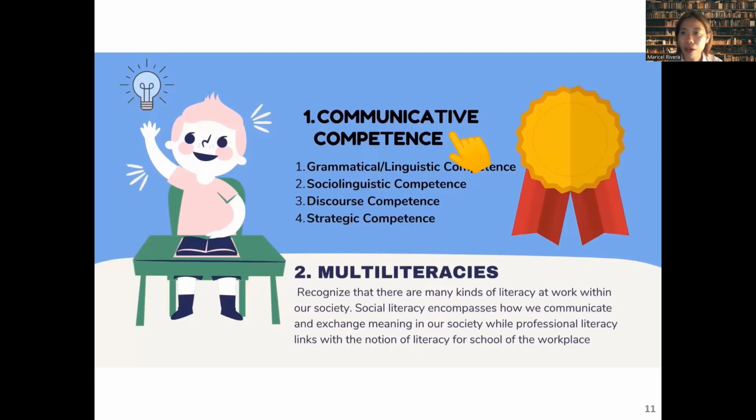So we can think of communicative competence as our ability, of course. So it encompasses already everything, because when we say communicative, it is the way you understand and at the same time use the language effectively so you can communicate.